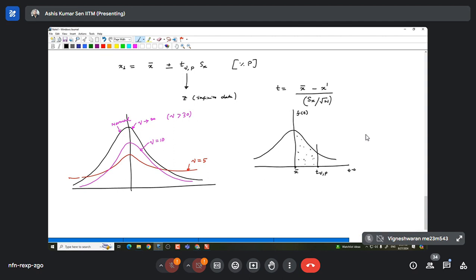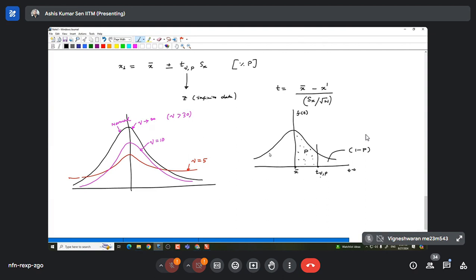So this will be the probability that the data is going to lie between x mean and t nu p, and the probability that the data is going to lie outside that is basically going to be 1 minus p. Like the normal distribution, the t distribution is also symmetric, so whatever t nu p, if you go to minus t nu p, you will have the same area.